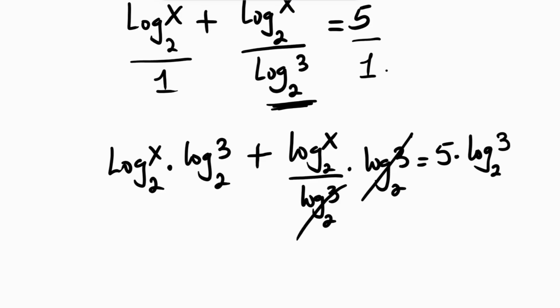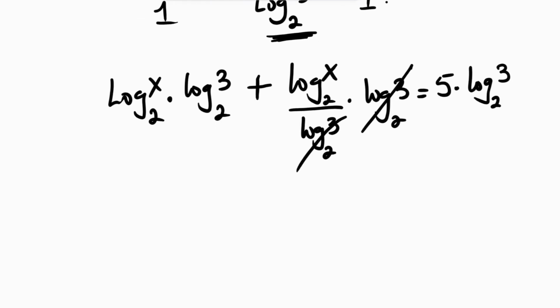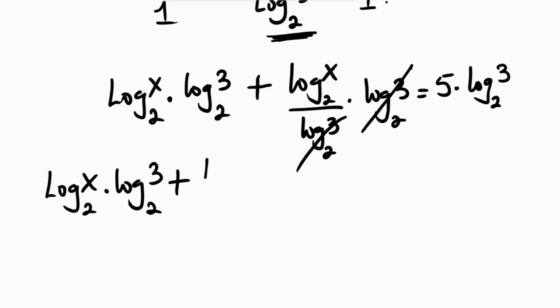This will cancel out, and then we have log of x base 2 times log of 3 base 2 plus log of x base 2 equals 5 log of 3 base 2.